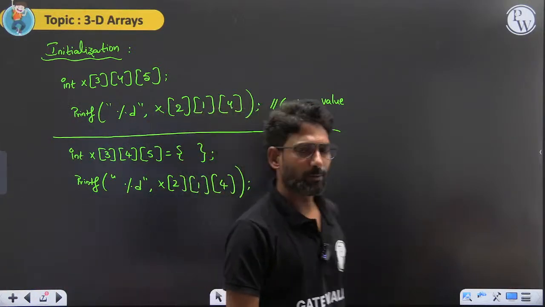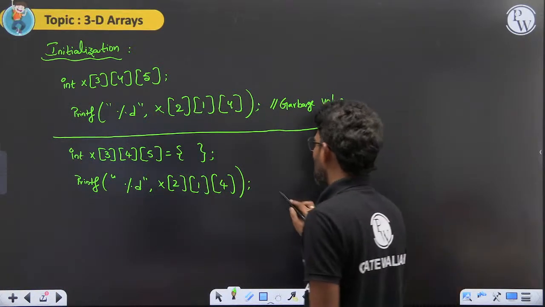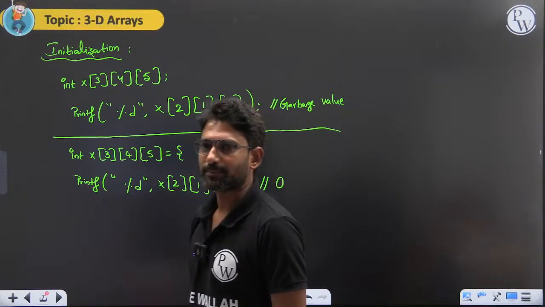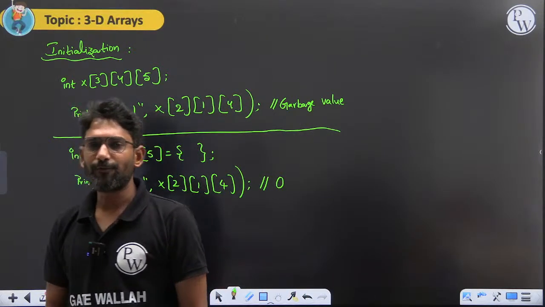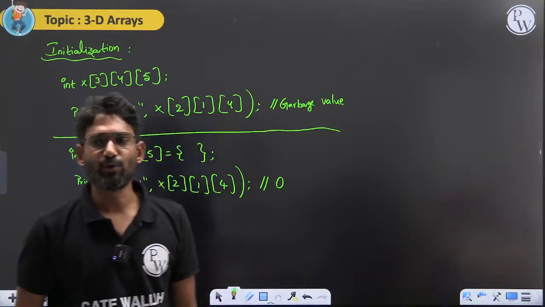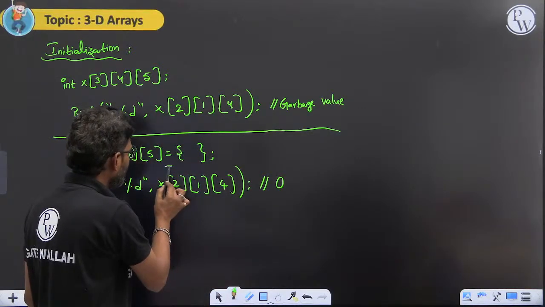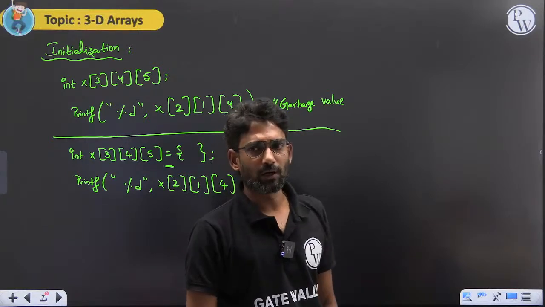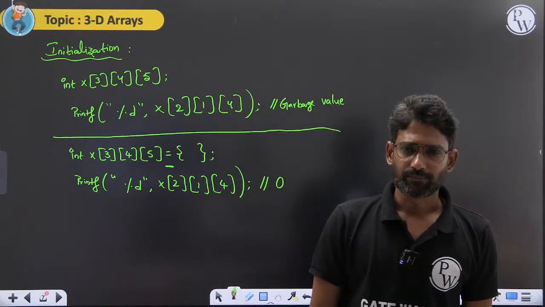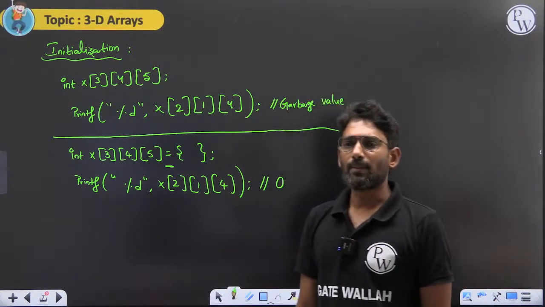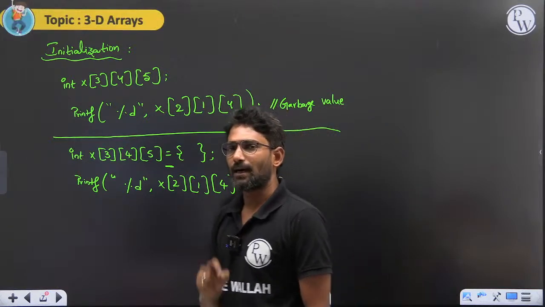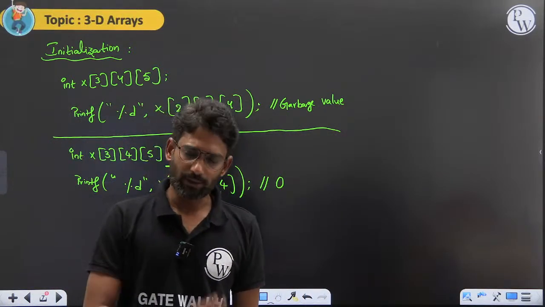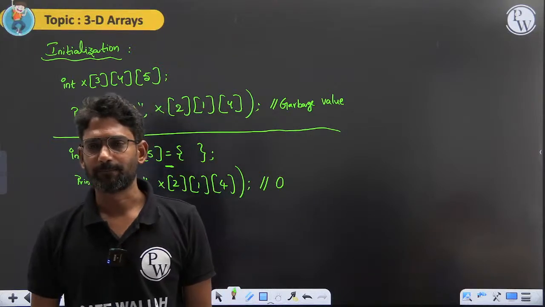Now again, what will be printed? Garbage value will be printed, but no, 0 will be printed. If you use the assignment operator, whether you give the value or not, it doesn't matter. The compiler treats the array as initialized, so it will take 0 only.